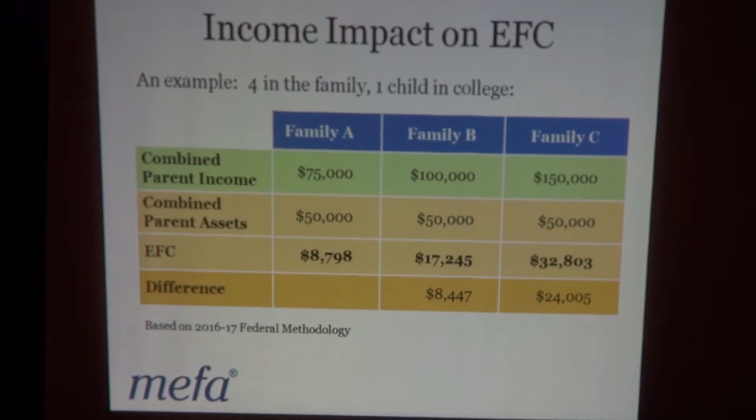With these same 3 different families, but they all have the same amount of assets and varying levels of income, it's a greater difference in that EFC simply because the income is what drives that federal formula much more than assets do.